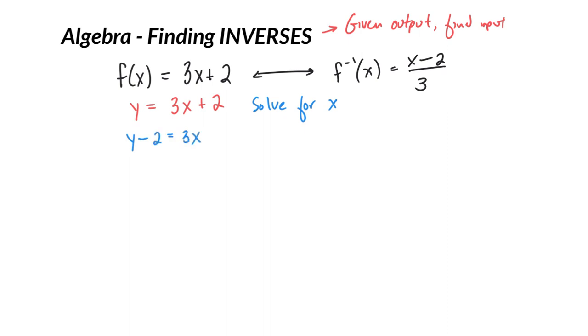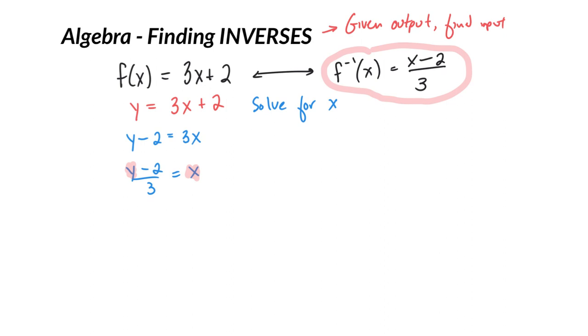I divide both sides by 3. And at the very end, because our inverse is usually said with the same variable as our function, I simply swap my x and y, and I get this, x minus 2 over 3.